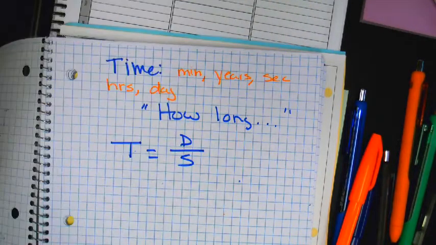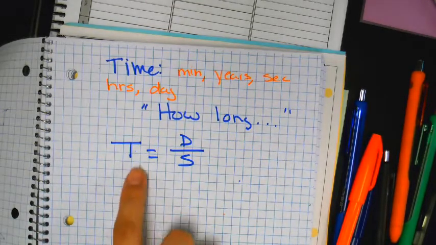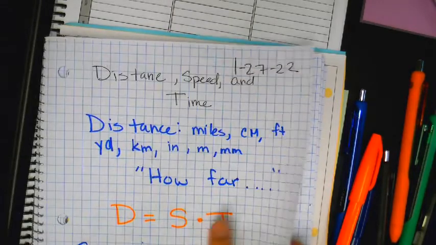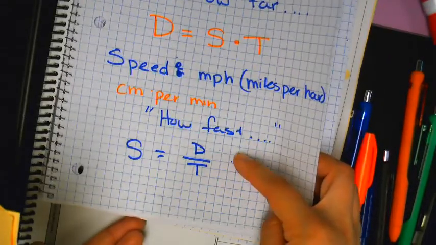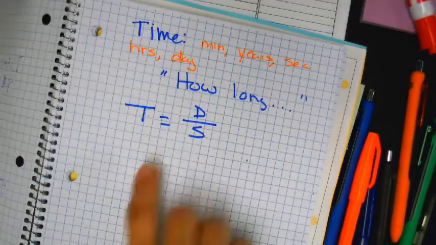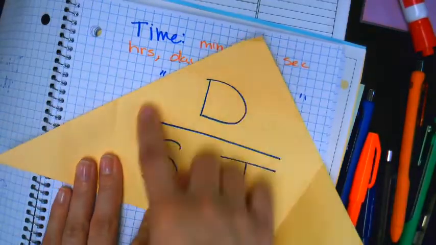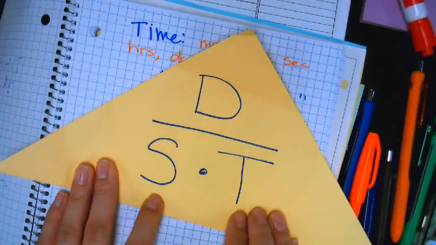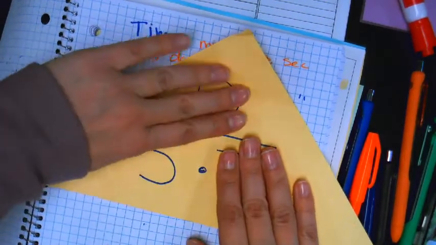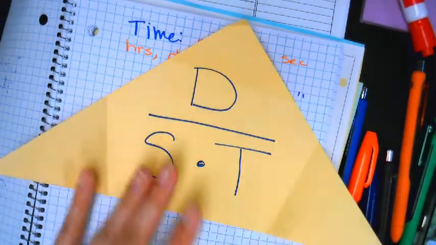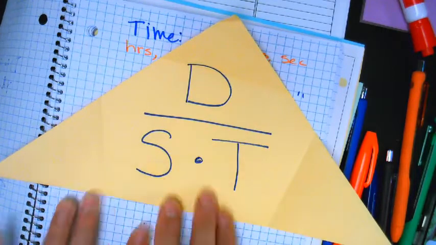Kind of like you should memorize how to find the area of a trapezoid, but it's hard, so we write it down. We use this little triangle to help us remember the formulas. So instead of having to memorize each individual formula, you just have to memorize this little triangle. And then, okay, what am I solving for? Cover it up. This will help you figure out how to solve it.